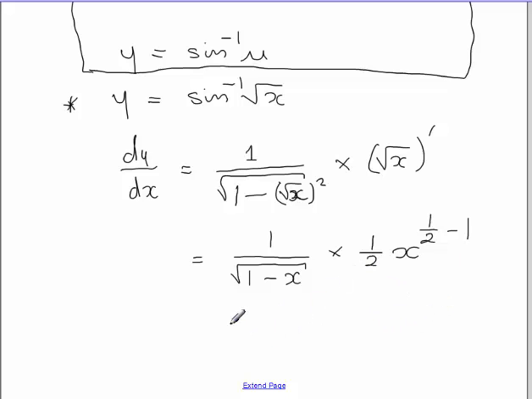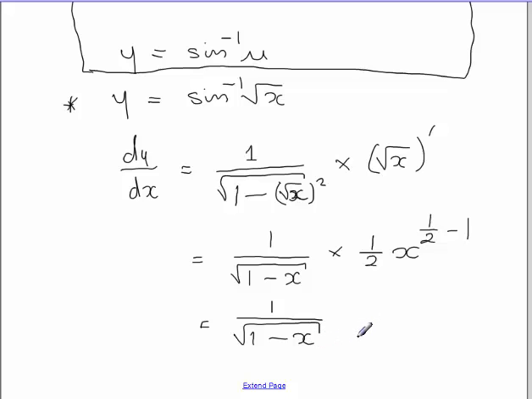Then let's simplify that. If we simplify, we're going to have 1 over 1 minus x. Can somebody tell me why we have x there? x is the square of the square root of x.